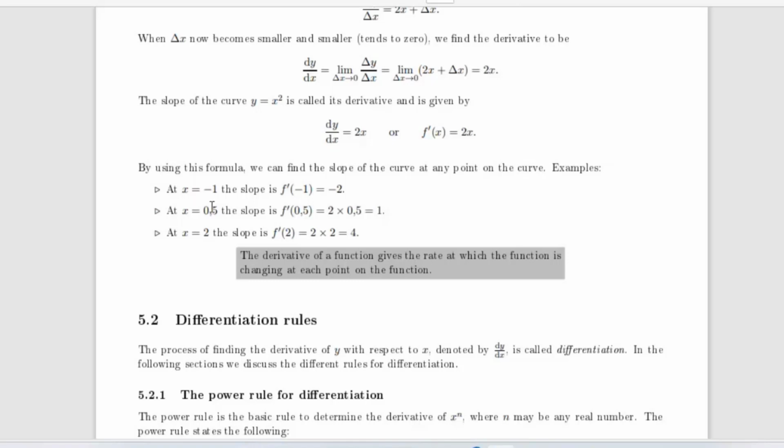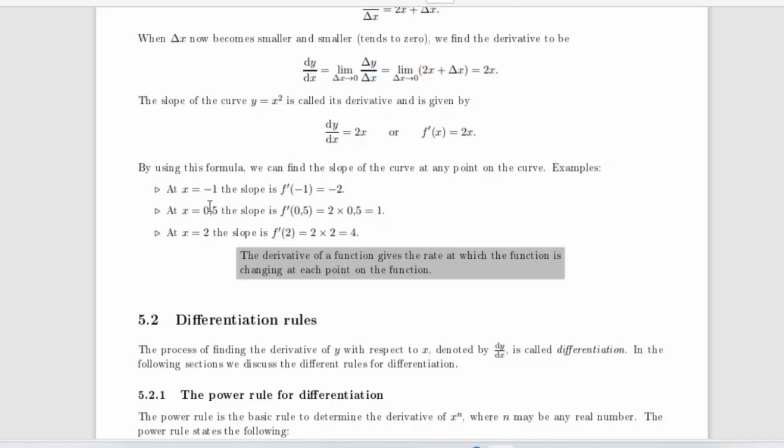Okay, now, Michelle. You and I agree that the derivative of x squared is 2x. Now, these values they are talking about, x equals -1, x equals half, x equals 2, are the values being substituted not in the original equation, but in the derivative.